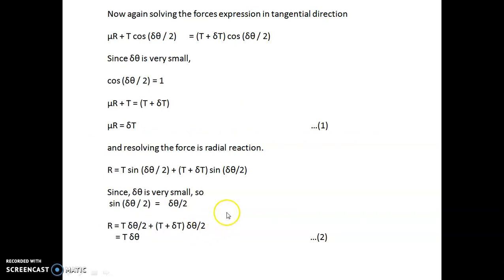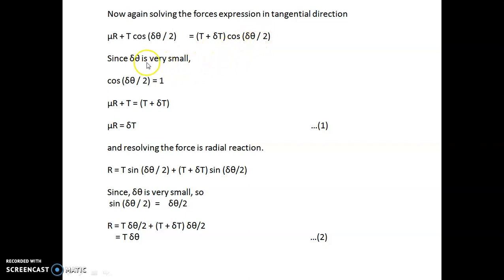Now we will resolve these forces in vertical and horizontal, that is tangential and radial direction. If we resolve these forces in tangential direction, we will get mu R plus T cos delta theta by 2 is equal to T plus delta T cos of delta theta by 2.